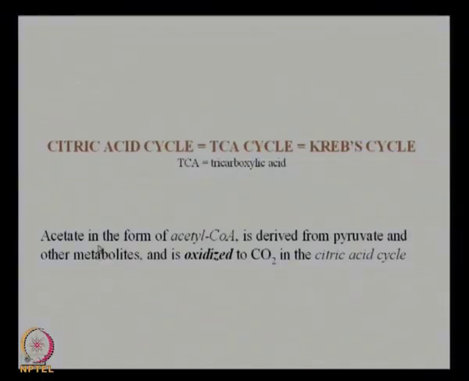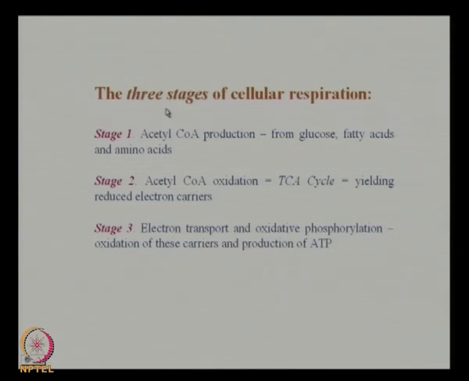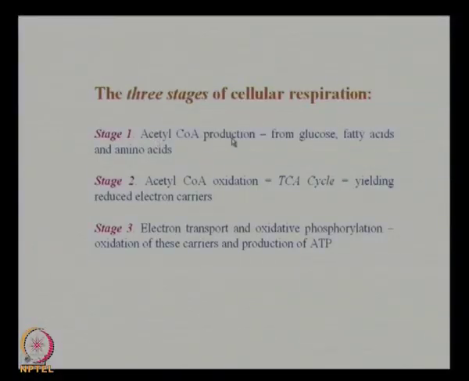Now, this acetate in the form of acetyl CoA is derived from pyruvic acid and other metabolites and is oxidized to carbon dioxide in the citric acid cycle. The 3 stages of cellular respiration begin with acetyl CoA production from glucose, fatty acids and amino acids.